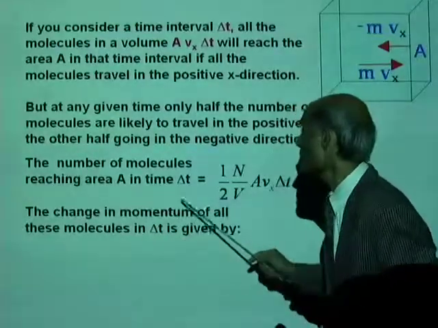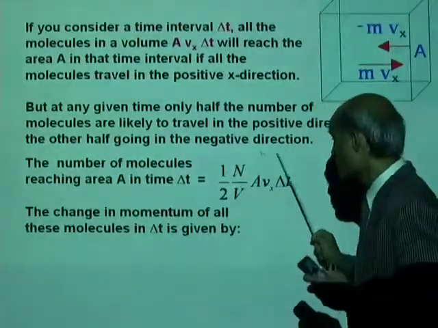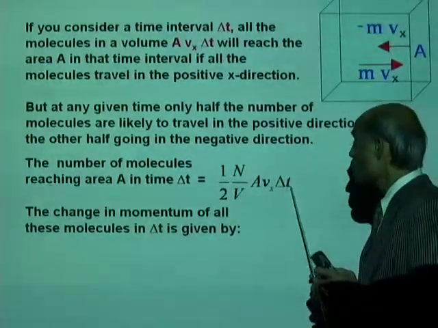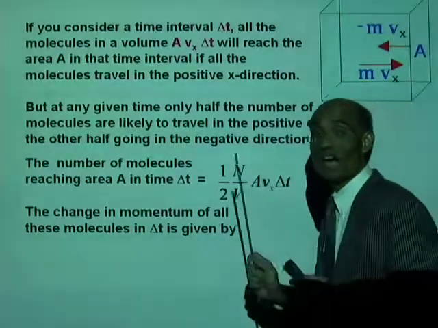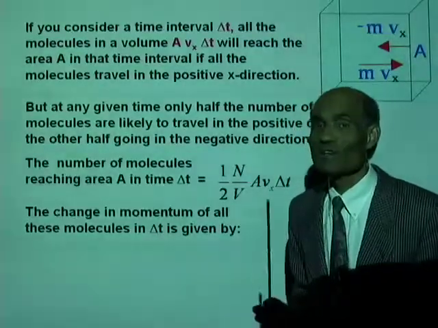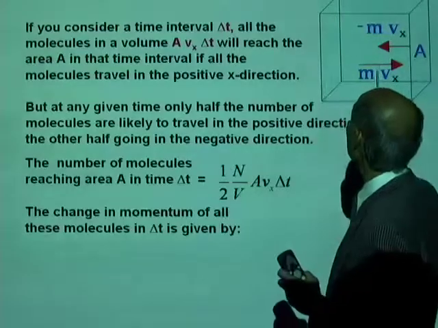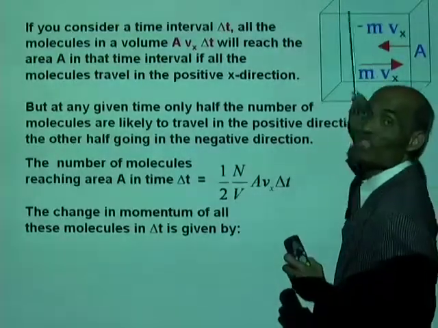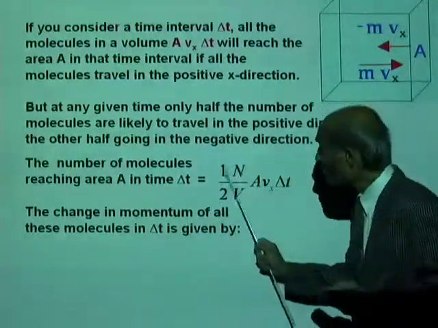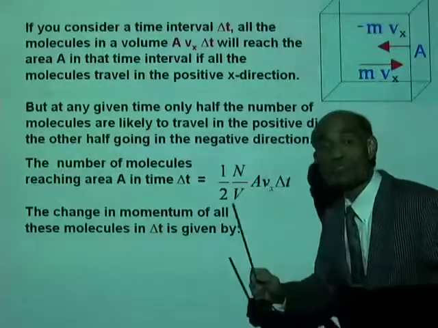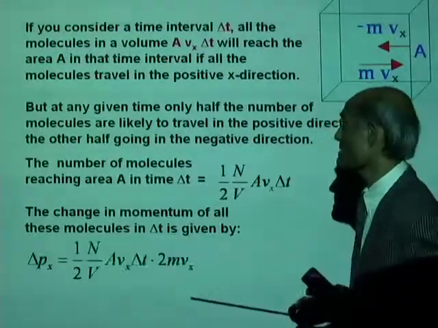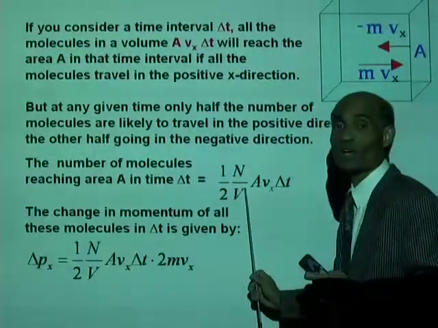Now, the change in momentum of all these molecules. This is the number of molecules that reach this area A in that small time interval delta t. And each molecule suffers a change in momentum given by how much? Each molecule suffers a change in momentum mvx minus negative mvx, which is 2mvx. So if you now multiply this quantity with 2mvx, that will give you the total change in momentum experienced by all these molecules.